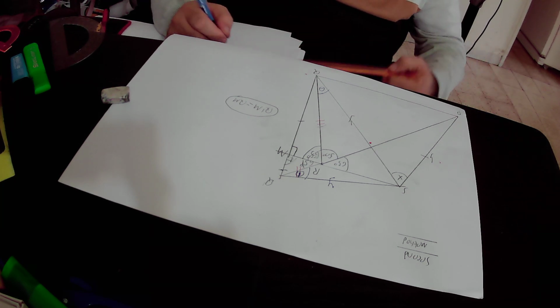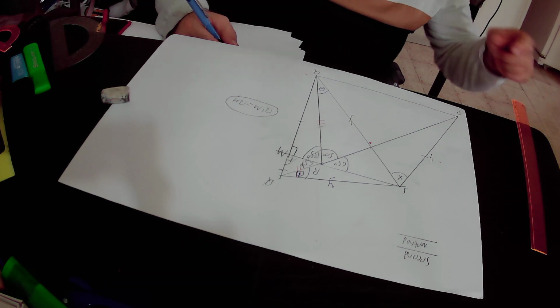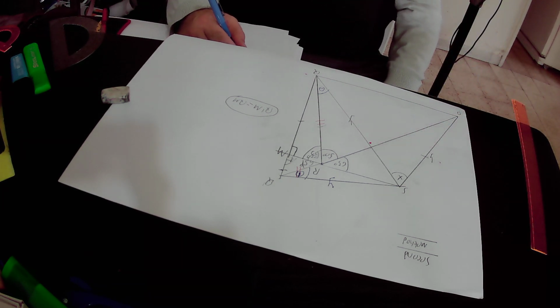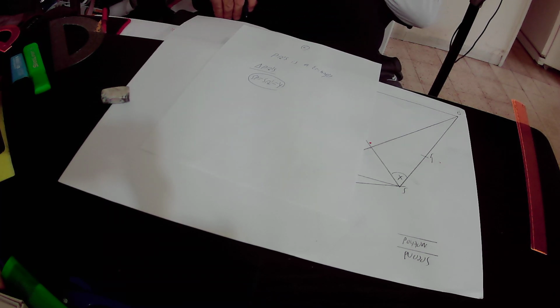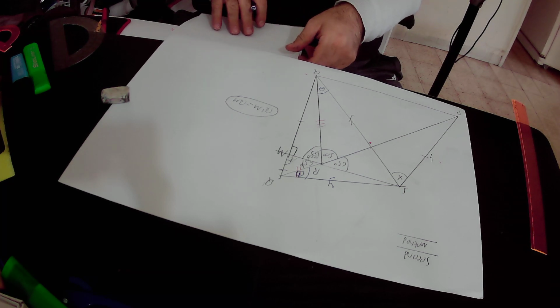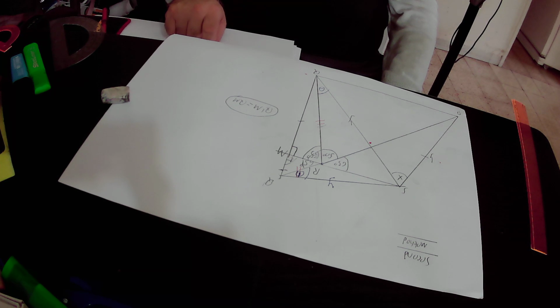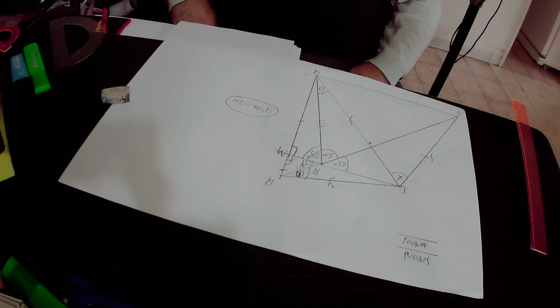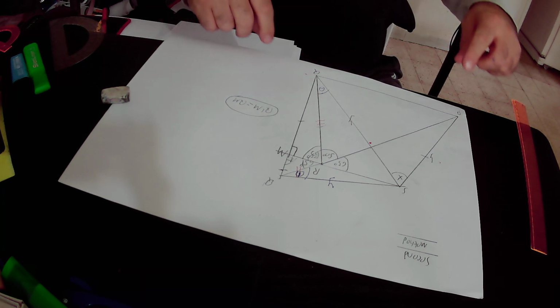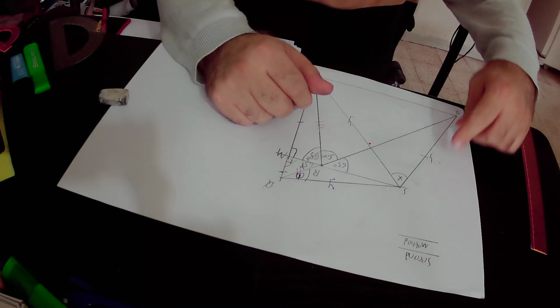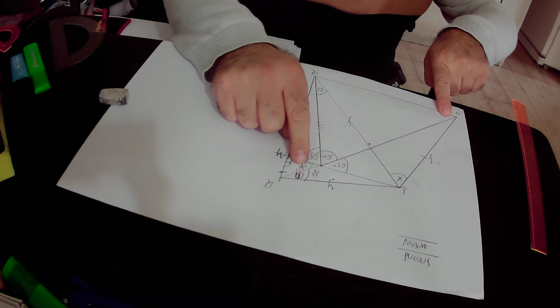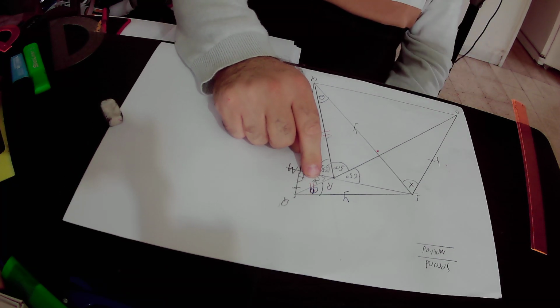In triangle PQ dash S, we know that SP equals SQ dash, equals Y. Therefore, according to the rule that in front of equal sides in a triangle we have equal angles, those two angles are equal to each other.